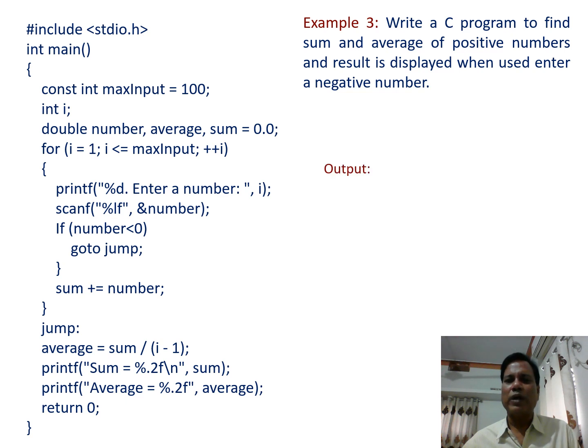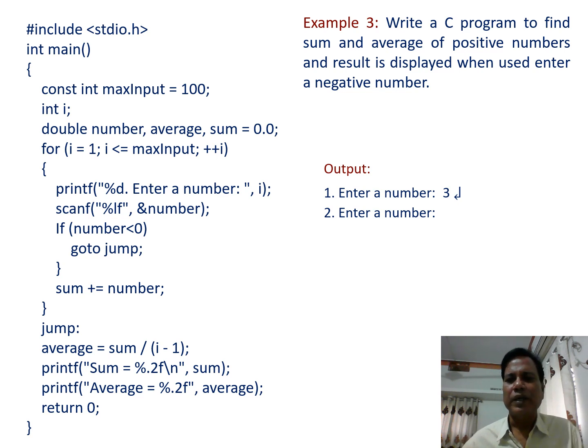So when this program is run, initially we get the output like this one: enter a number. So suppose the user enters 3, then it asks to enter another number, because this 3 is not a negative number, so another number 4.3.